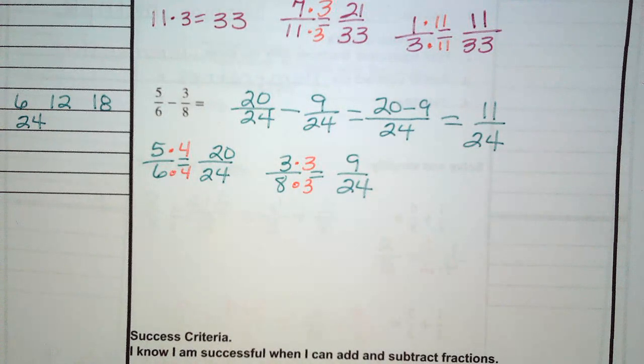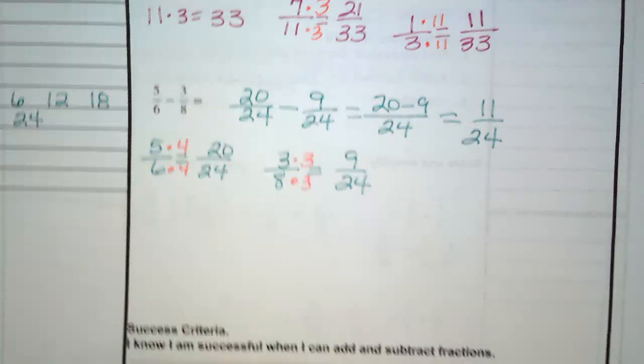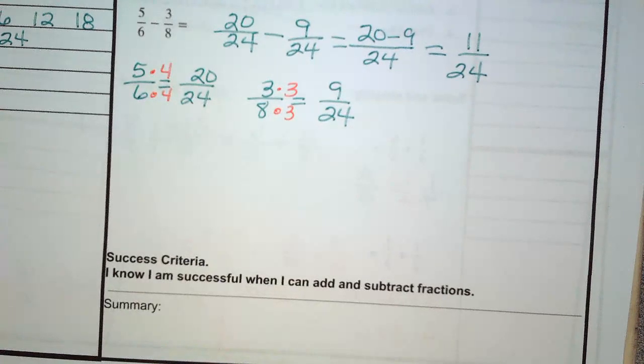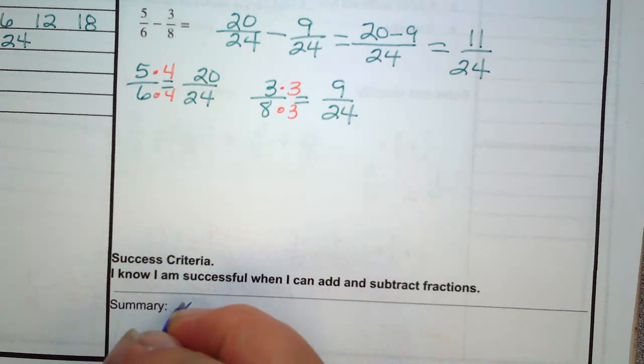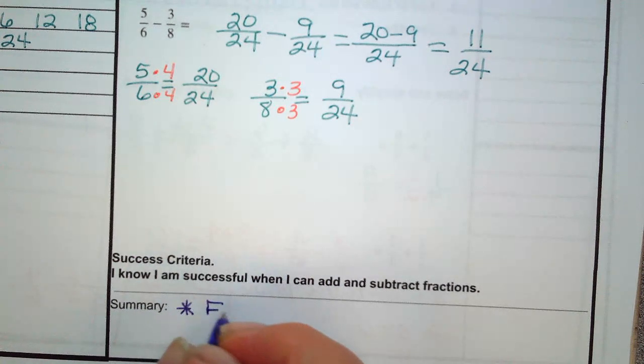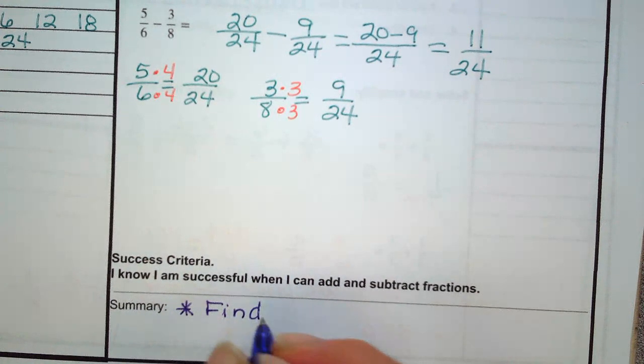So, how do you know when you're successful? You know you're successful when you can add and subtract any of your fractions. So remember, find the common denominator.